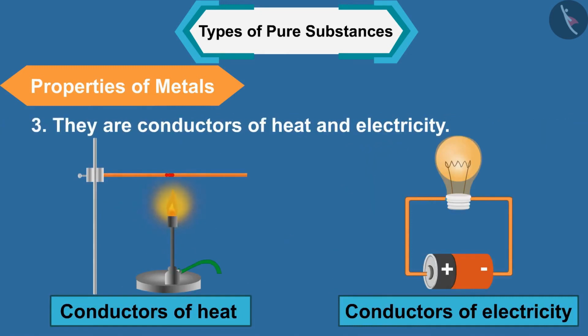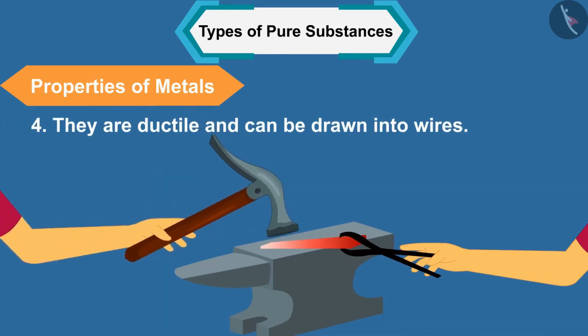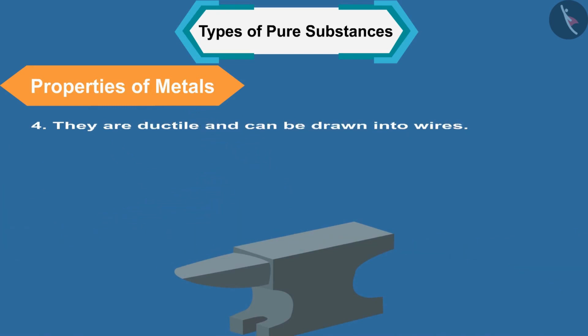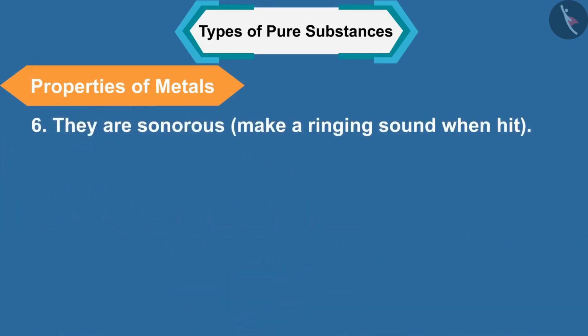They are conductors of heat and electricity. 4. They are ductile and can be drawn into wires. 5. They are malleable and can be hammered into thin sheets. 6. They are sonorous, making a ringing sound when hit.